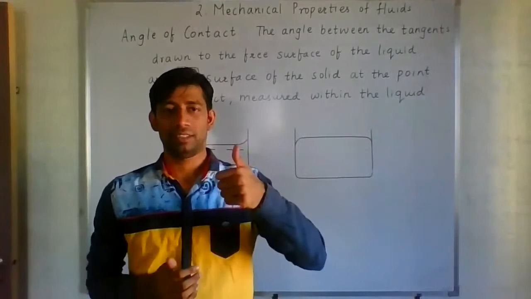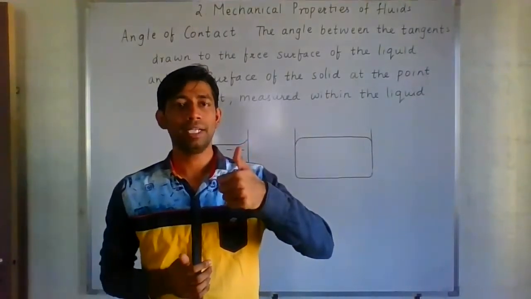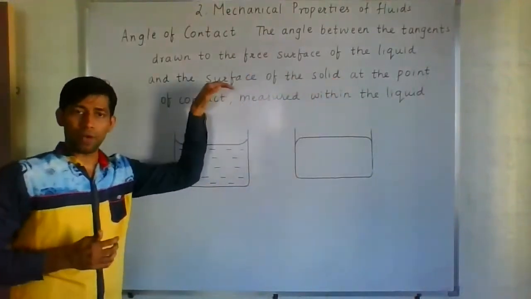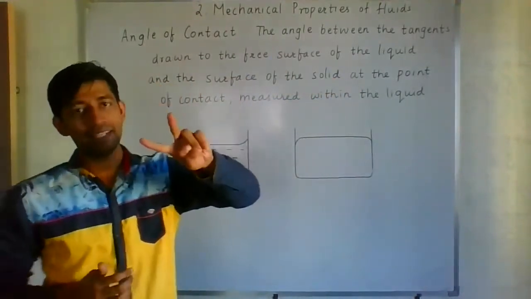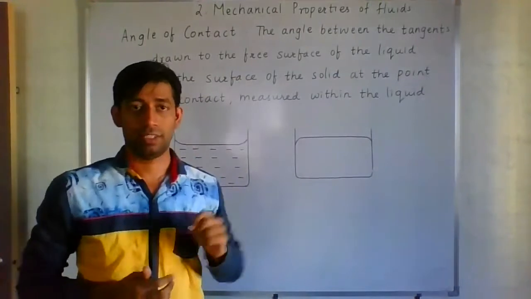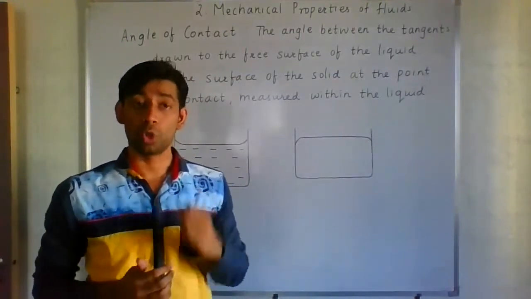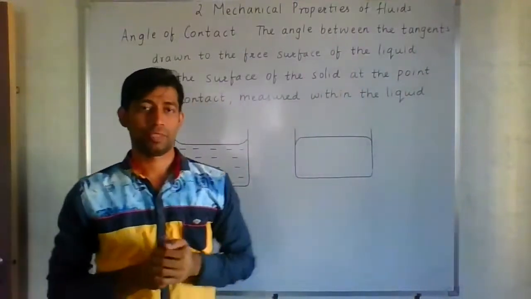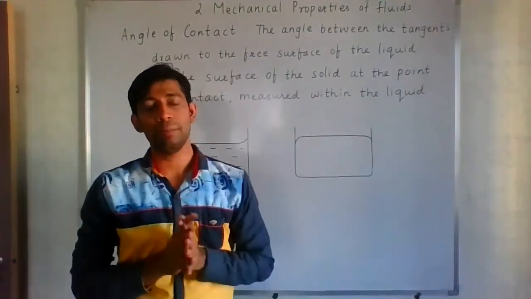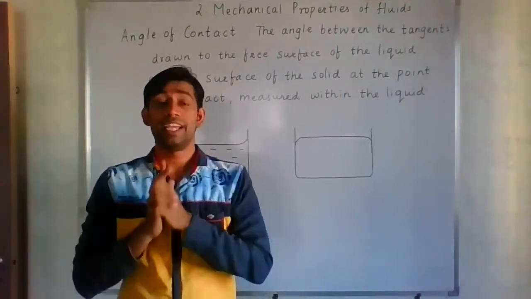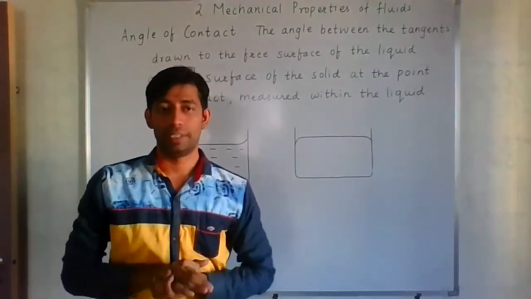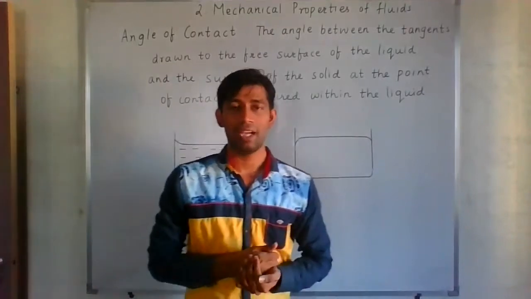The first line is nothing but the surface of the solid. And the second line will be the tangent which you are supposed to draw to the surface of the liquid. And when you measure the angle between two lines, it should be within the liquid, inside the liquid. That will give you the angle of contact.